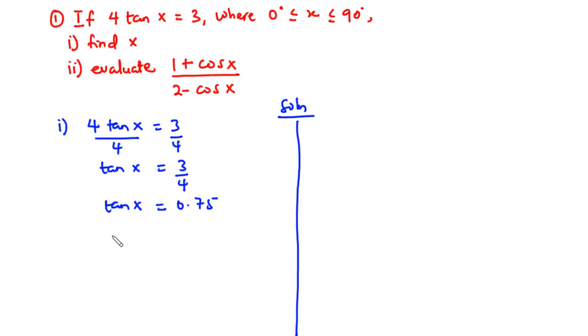And then because we want to find x, x is equal to tan inverse of 0.75, and this gives us 36.87 degrees. So this is the value of x, 36.87 degrees. Now let's evaluate (1 plus cos x) over (2 minus cos x).